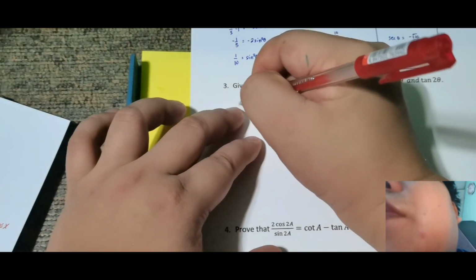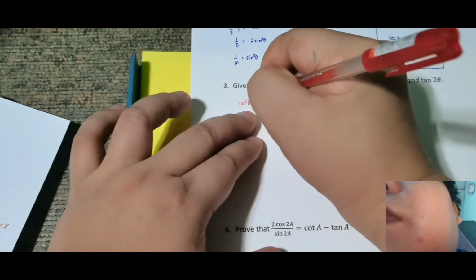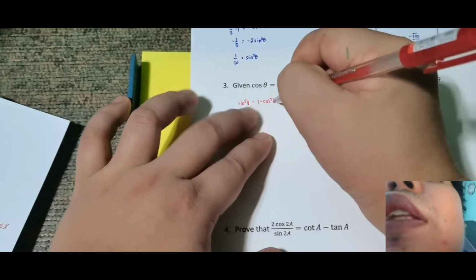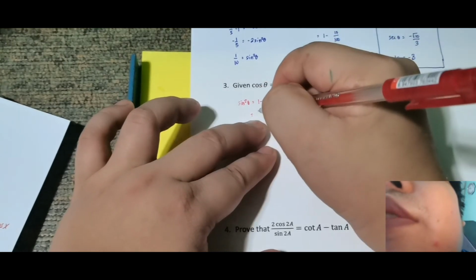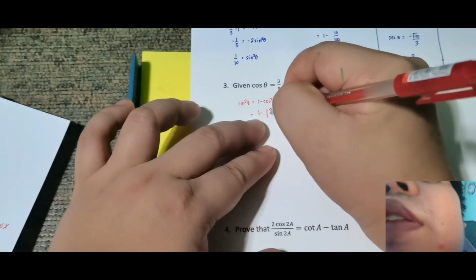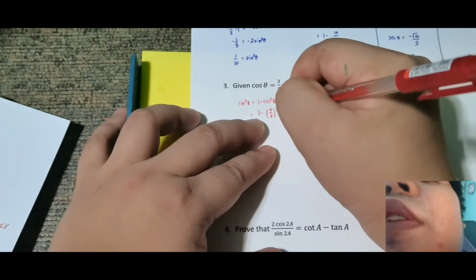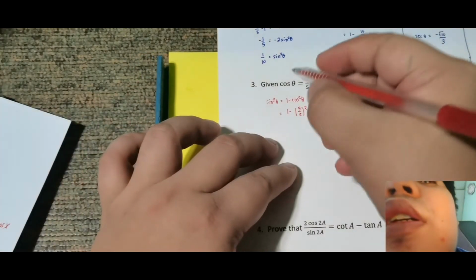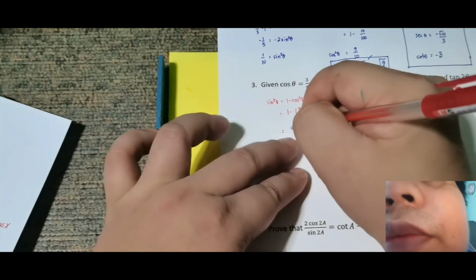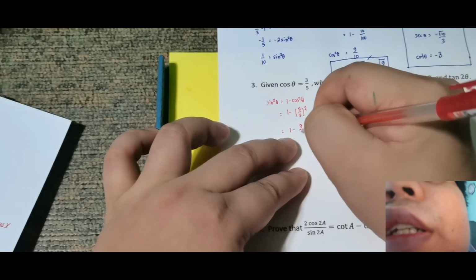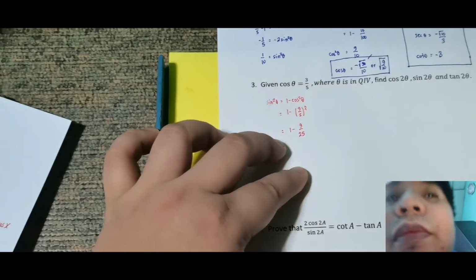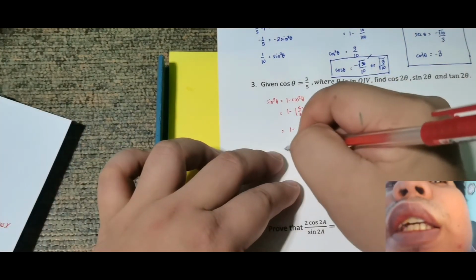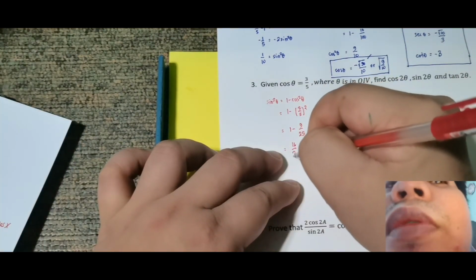So sine squared theta is equal to 1 minus cosine squared theta. So this is equivalent sa 1 minus 3 over 5 squared. So this is equivalent sa or equal sa 1 minus 9 over 25. Then that is, pag sinimplify, I think that is 16 over 25.